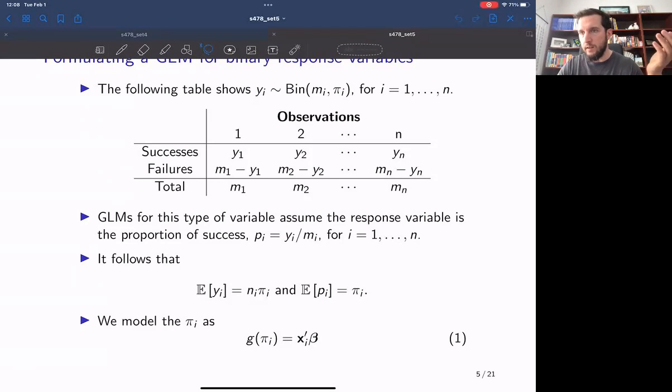Technically, you can also get the odds of that success. You directly would get the log odds. There's a lot of different things that you can take out of the model. It's very flexible in terms of interpretation.